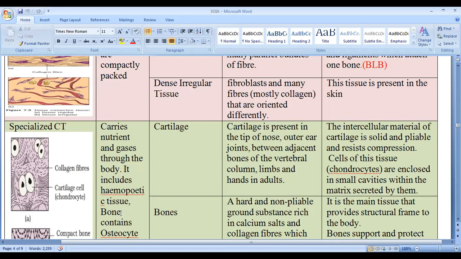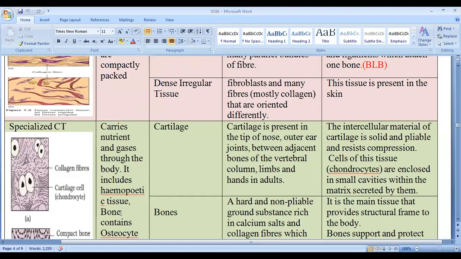And some description of the bones they have also given. If you listen, they have the Haversian canal system, and the Haversian canal system is the only one provided with artery, lymph, and vein, by which they supply blood to the bones. Okay. And it also contains lamellae, lacunae, osteocytes, canaliculi, and central Haversian canals. Clear?